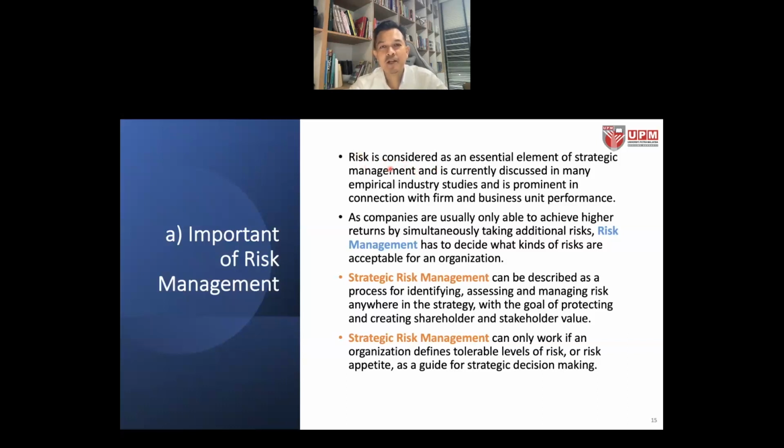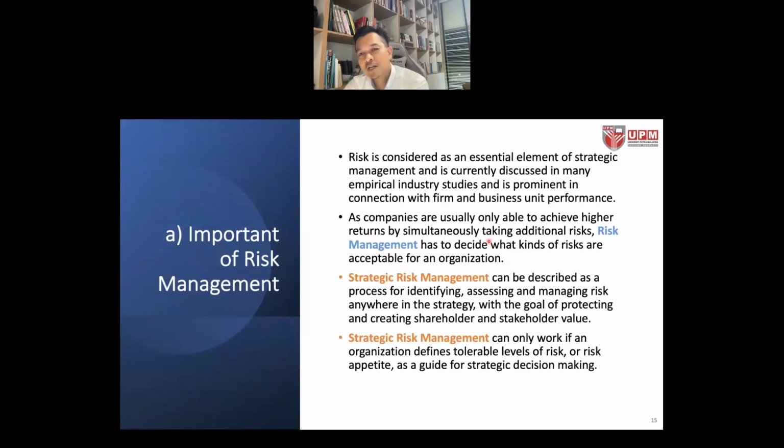Risk management is one of the important agenda items of the top management, and is currently being discussed in many empirical industry studies and is also prominent in connection with firm and business unit performance. Companies are usually only able to achieve higher returns by simultaneously taking additional risk.